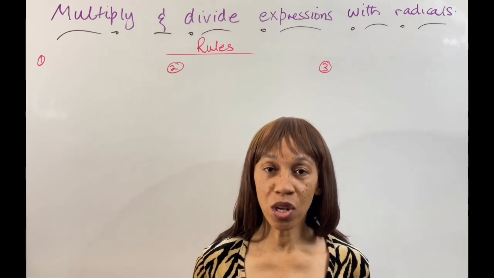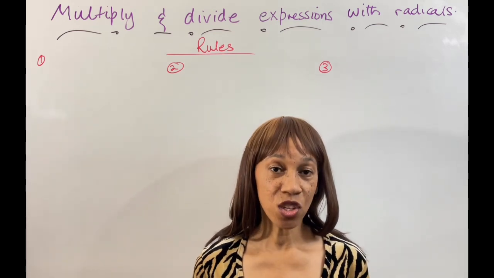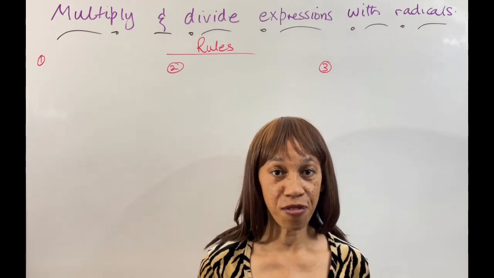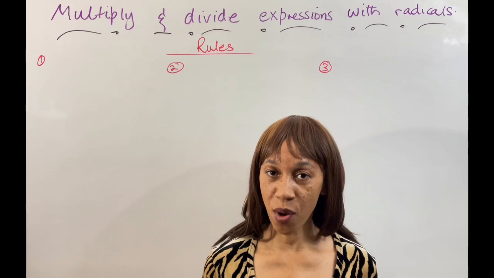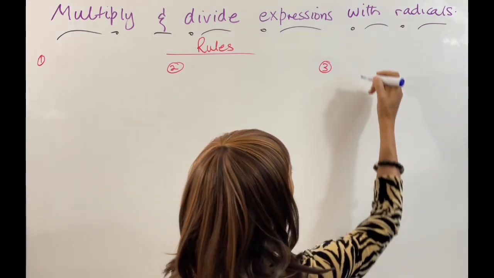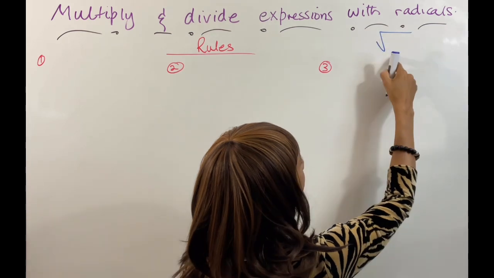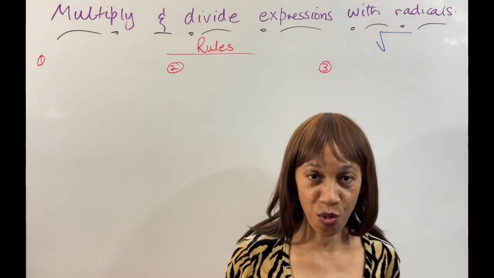In order to do so, we need to find the square root of the area to give us the dimension of the length and the dimension of the width. Now, to find the square root of a number, we must use this symbol called the radical sign, or we can say the square root symbol.